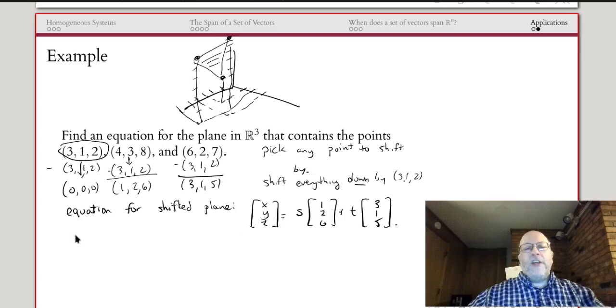And so now we have to shift this equation back up by 3, 1, 2.